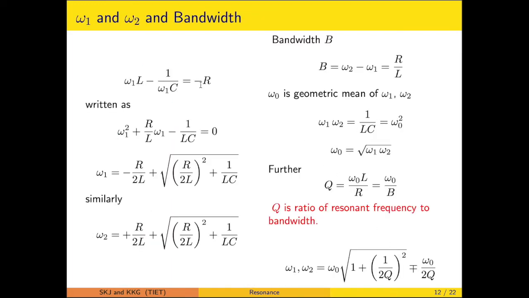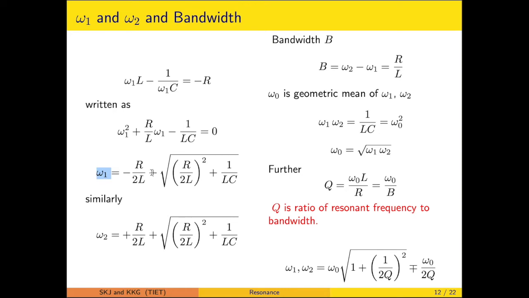So this results in a quadratic equation, and the roots are explained. If we compare with the standard equation ax square plus bx plus c is equal to 0, it results in the two roots: minus b plus minus root of b square minus 4ac upon 2a.